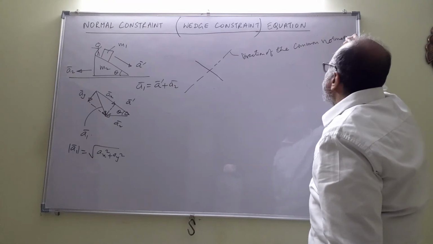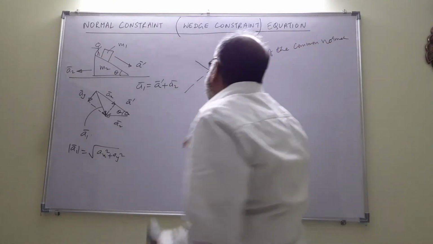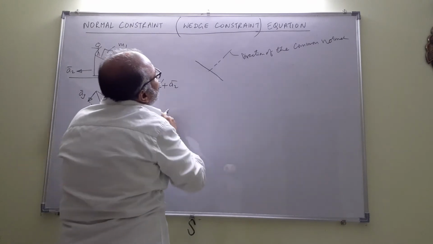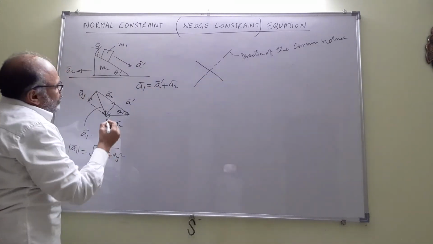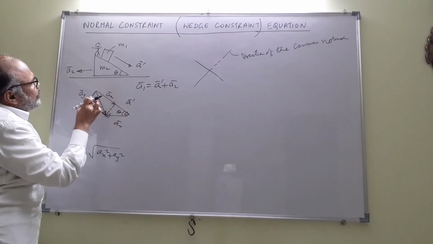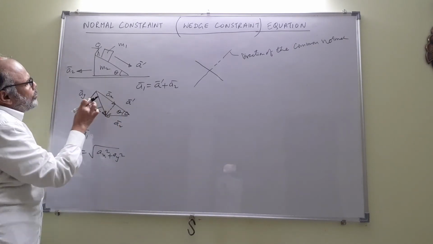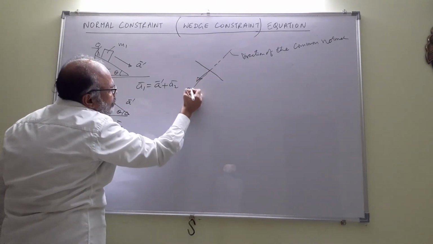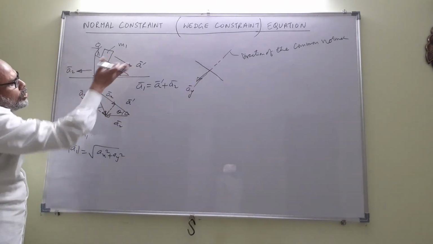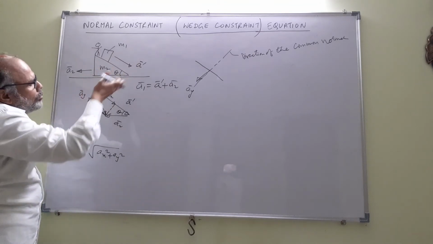So along this, you have the component of a1 along the common normal, which is ay. Ay is along the direction of the common normal.